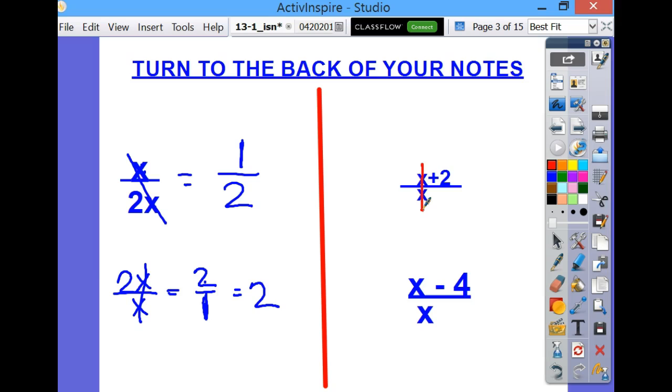Over here, canceling is dividing. That's X divided by 2X. That's 2 times X. Multiplying and dividing are all the same order of operation. So that's why it's okay to divide over here. Is dividing and adding the same level of order of operation? That's why it's not okay over here.